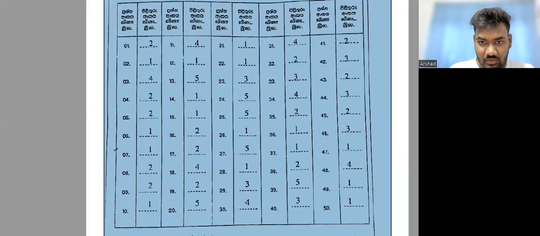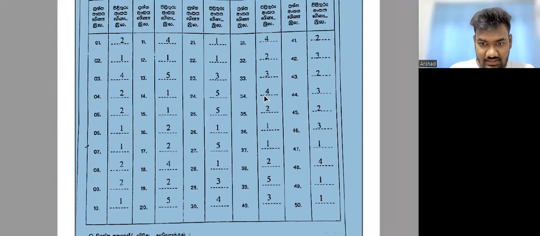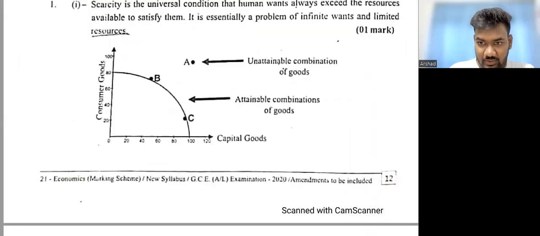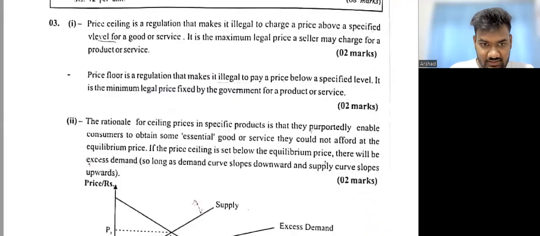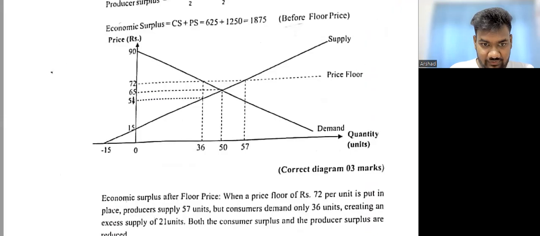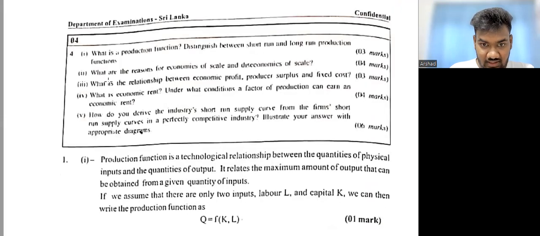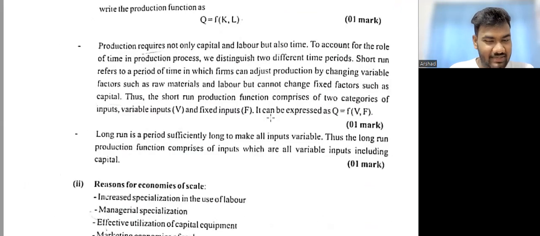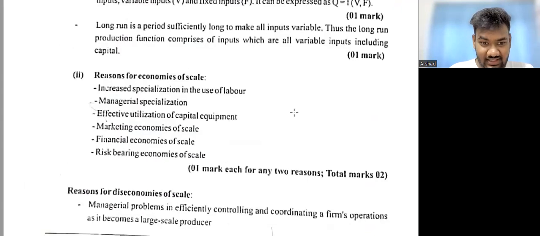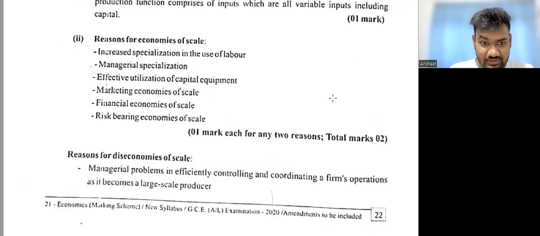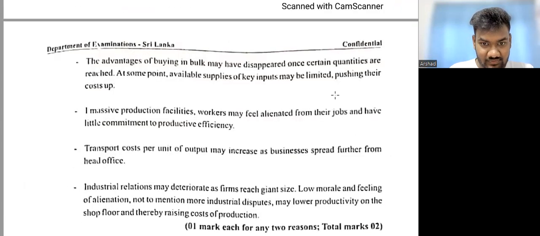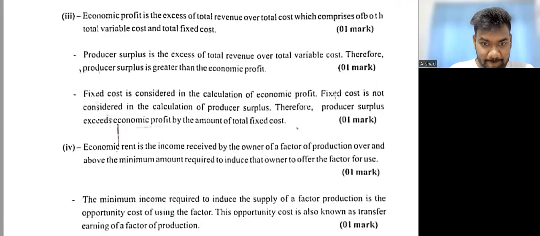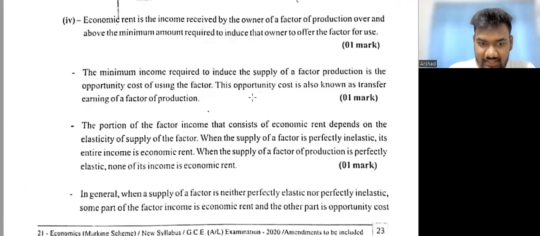Okay, I'll go to the answer scheme. 2020, question number 3, question number 4. Which one? The 4th one, no? Right. 2022 answer scheme, guys, I sent on the group. Read the messages that come on the group. Okay. Here, look at this, right?